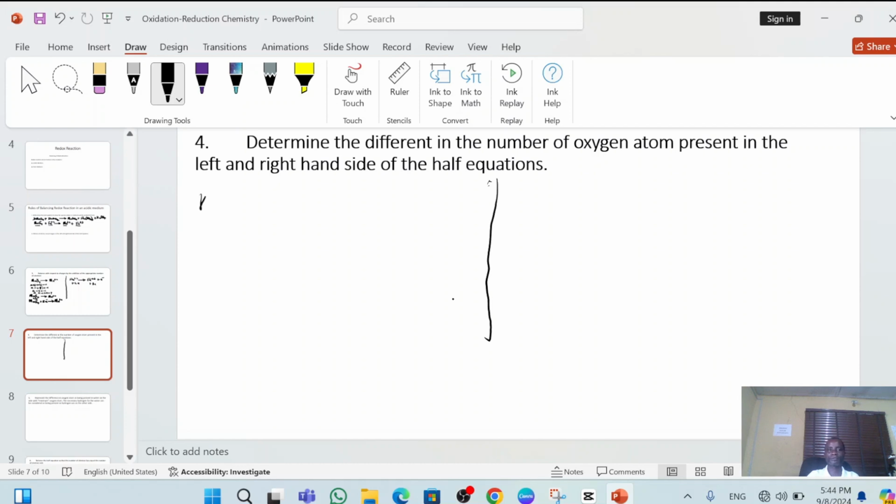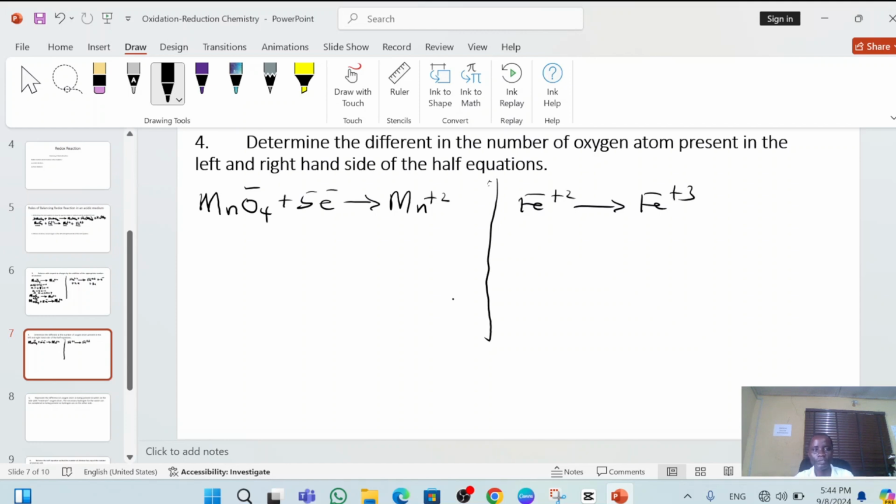We have MnO4 minus plus 5 electrons give Mn2 plus. This side is Fe2 plus give Fe3 plus. Now let's determine that the difference of oxygen is 4.